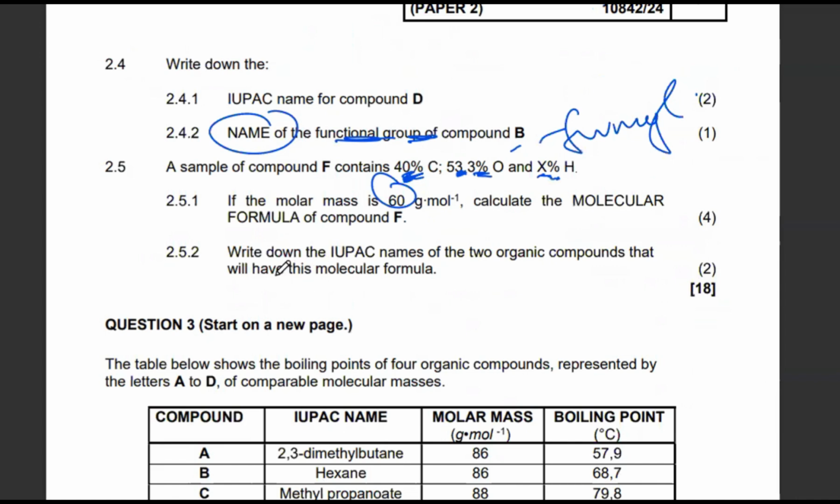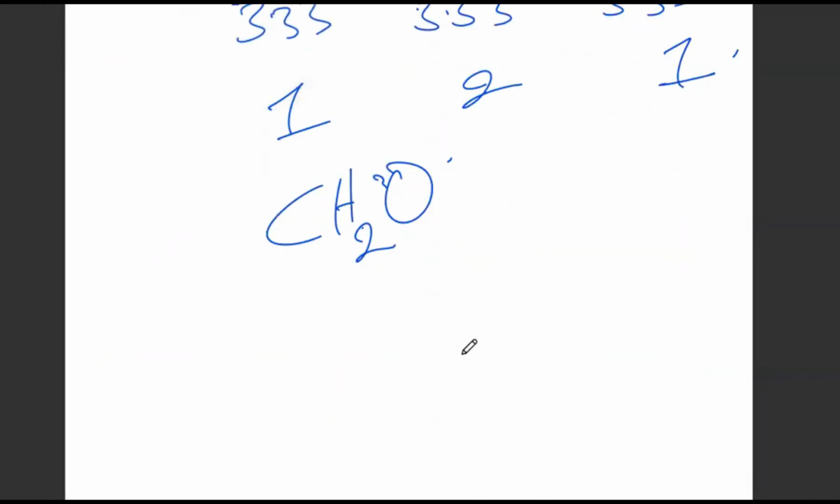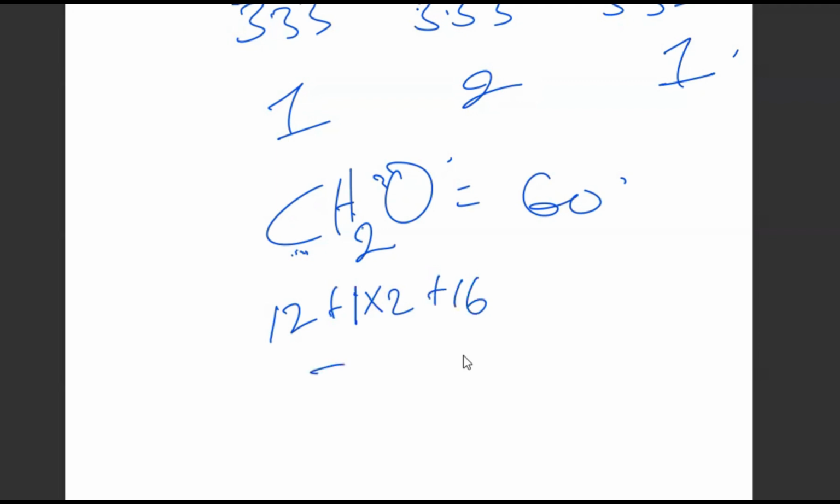All right. Write down the IUPAC name of the organic compound that will have the molecular formula. I don't know it, so I have to find it out. So this is equal to 60. This one is 12 plus 1 times 2 plus 16, so that when I add, I get 30.